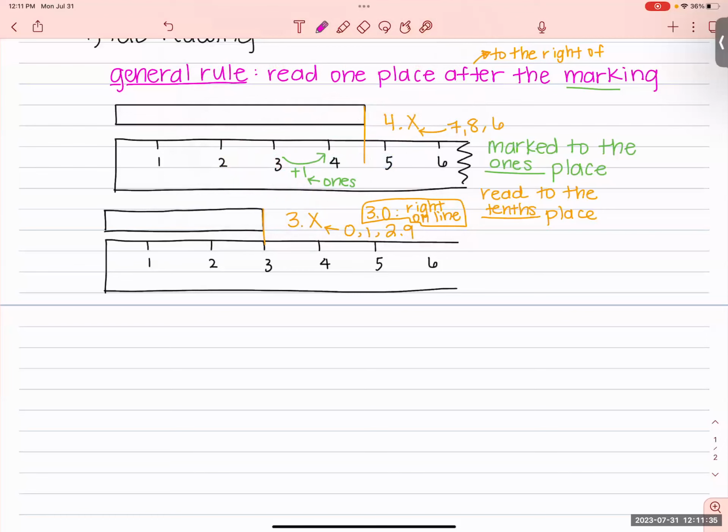So let's write that down. Every reading on an instrument goes to the same decimal place.